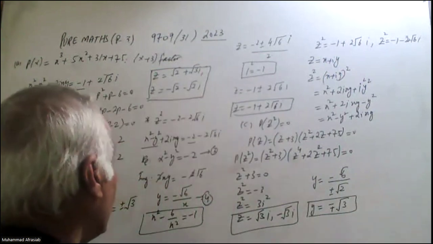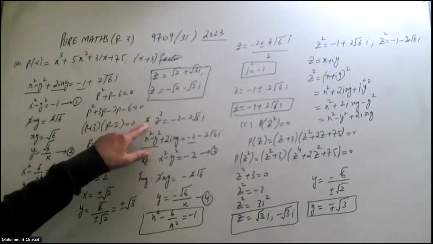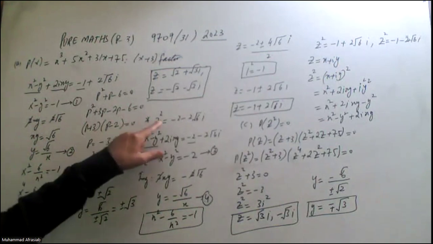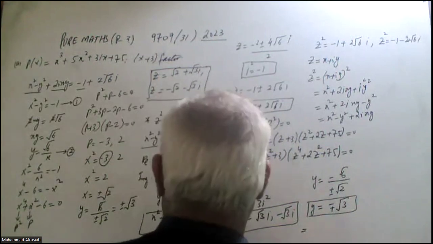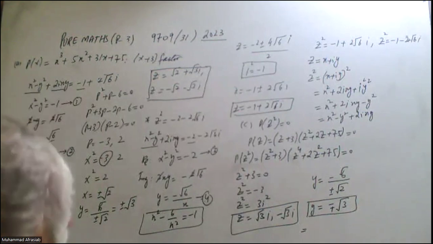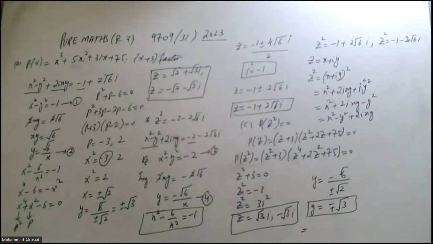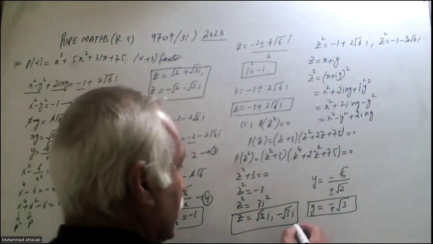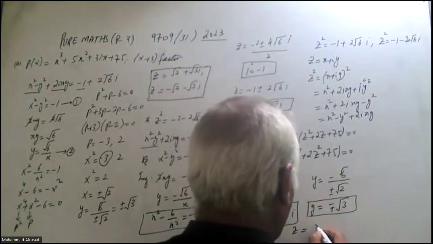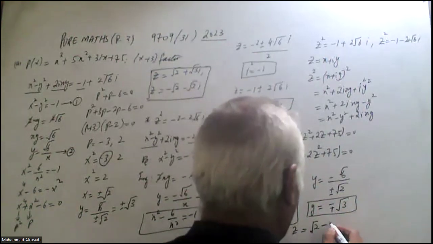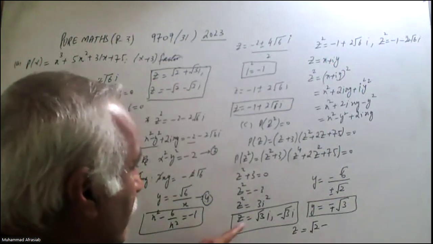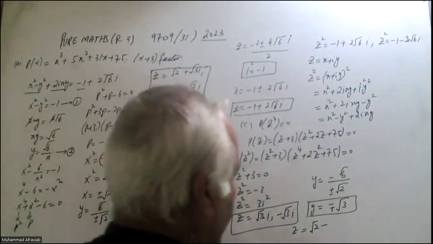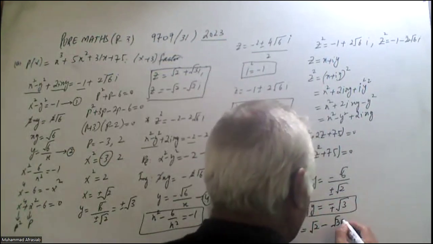So the answer for this part of the problem, where the root of that equation is equal to minus 2 minus 2 root 6 iota, then one root will be equal to root 2 is the value of x, and the y value is minus 6 over root 2, so that thing is equal to minus root 3 iota.